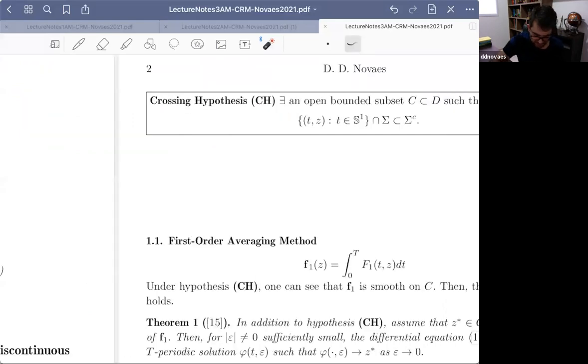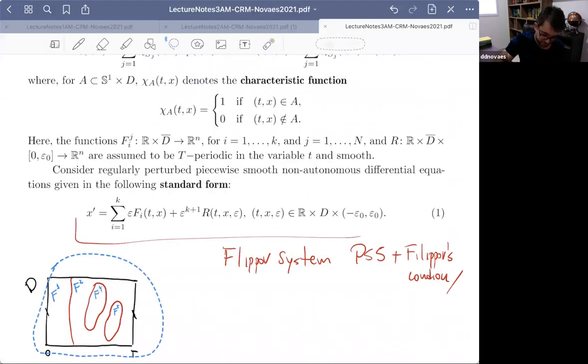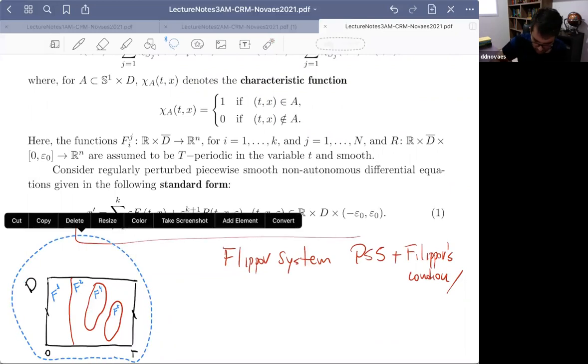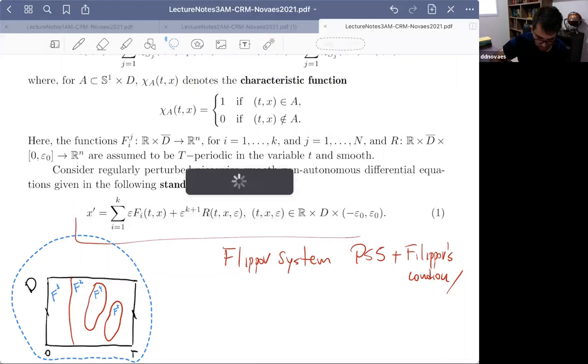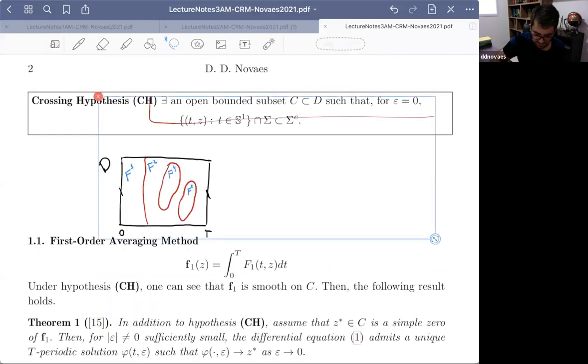Let me just copy this figure and paste it here.